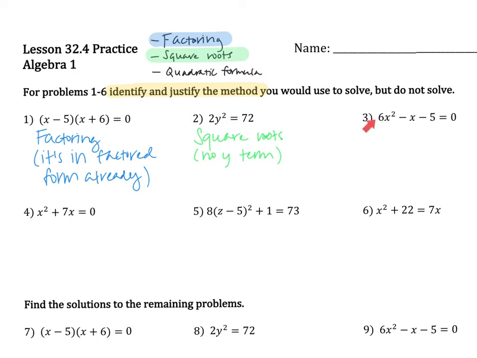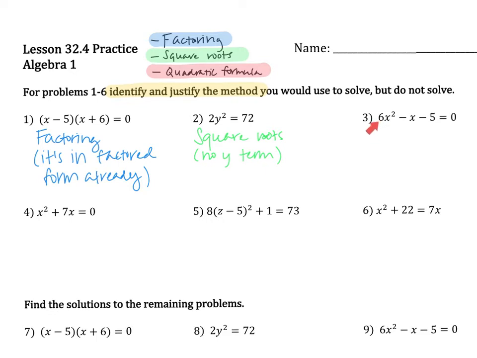Alrighty, let's go ahead and go on to our 3rd problem. Looking at this, we can see it's a trinomial. So it's probably not best to use square roots. We would have to use factoring or the quadratic formula. So looking at this, we would want to find what multiplies to, let's say, negative 30 and adds to negative 1. We could use factoring in this case, but for me, I actually would prefer the quadratic formula.